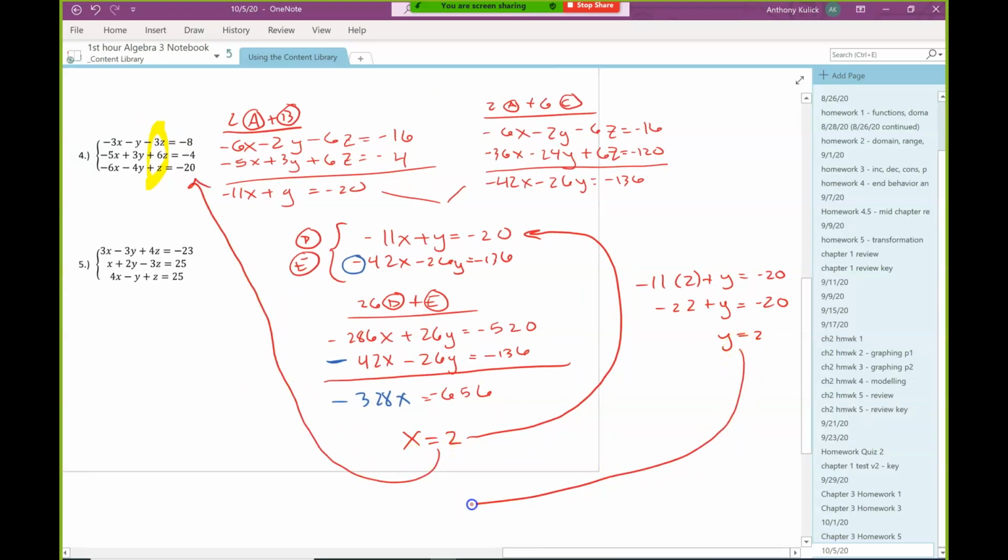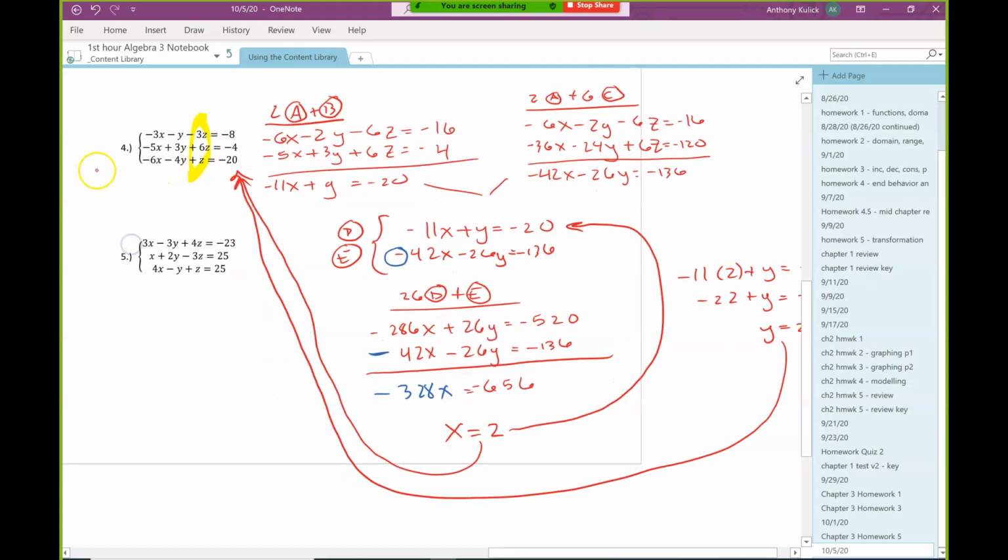I'm going to plug it into equation C, I guess. So that's negative 12 minus 8 plus z equals negative 20. Negative 20 plus z is equal to negative 20. If I add 20 to both sides, I get z equals 0. So I have 2, 2, 0.